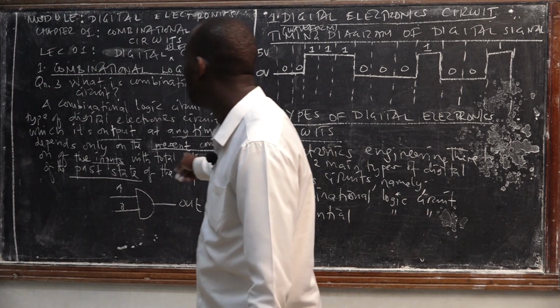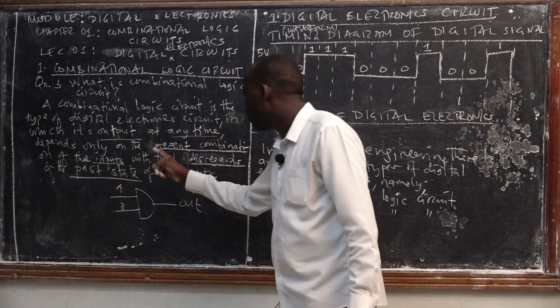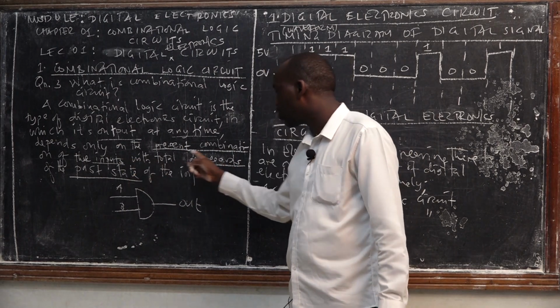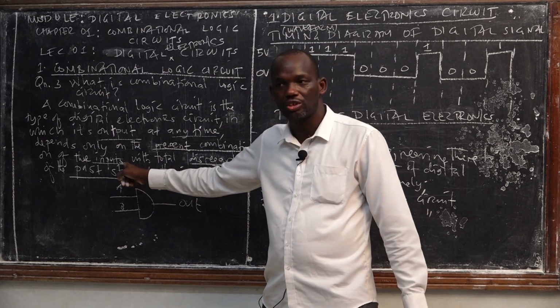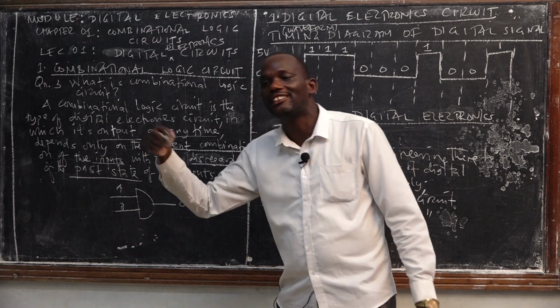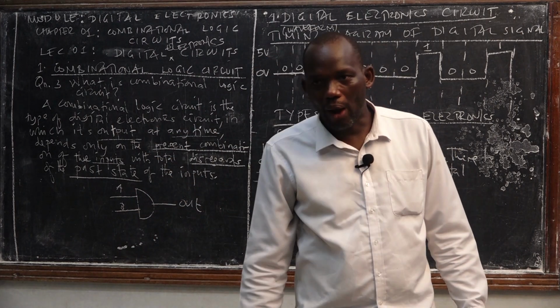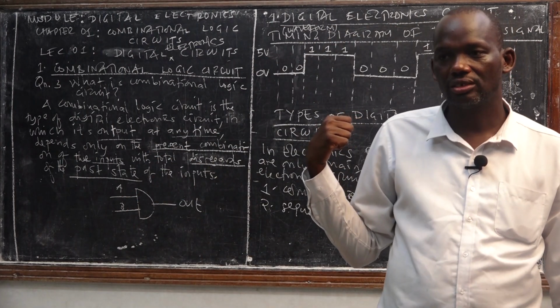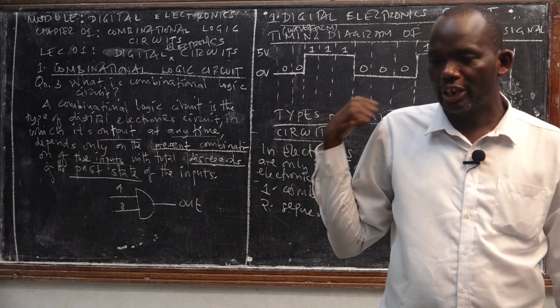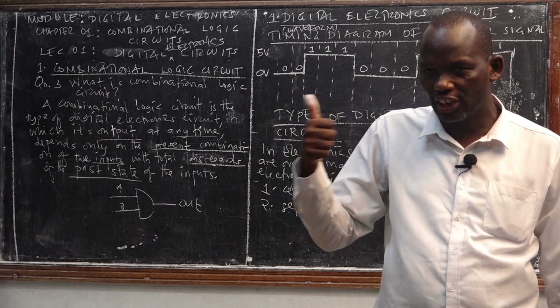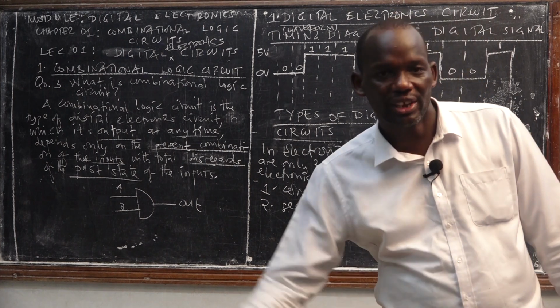That is the meaning of this definition: it depends on the present combination of the inputs, how you combine these inputs at this time. Sequential circuits are the opposite of that.